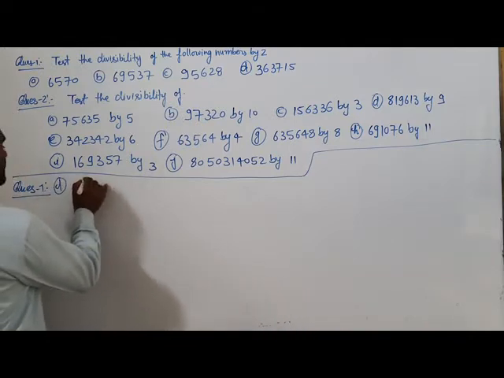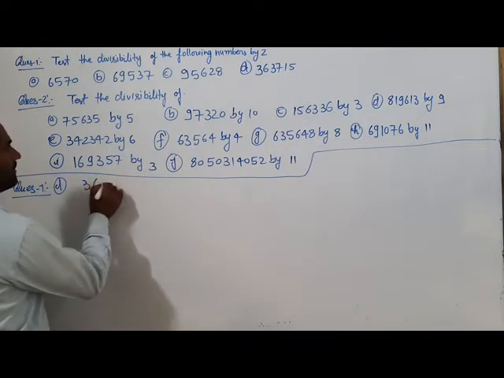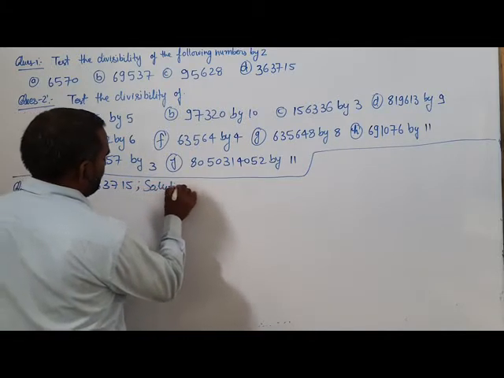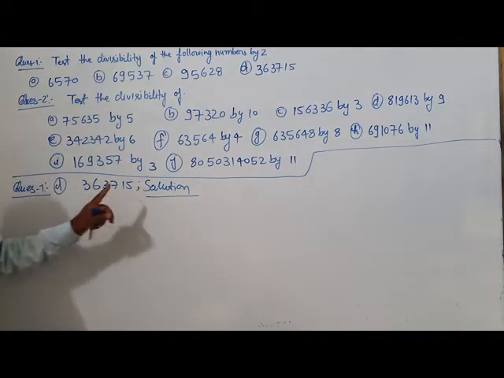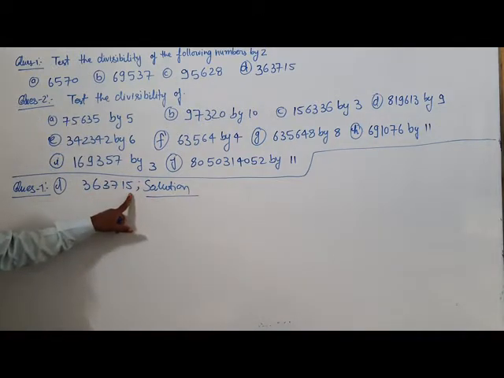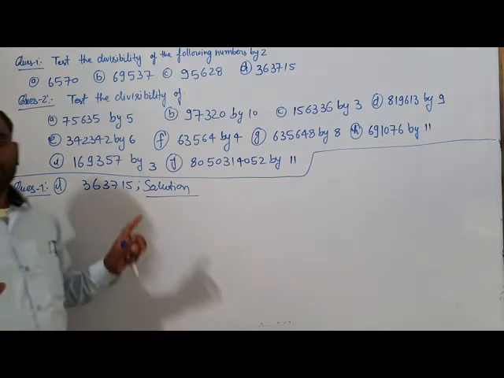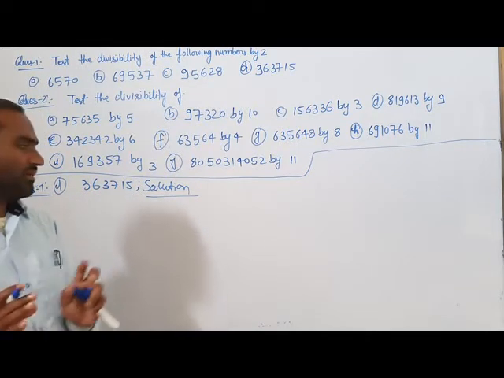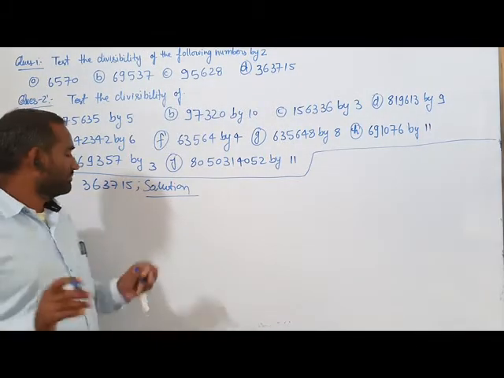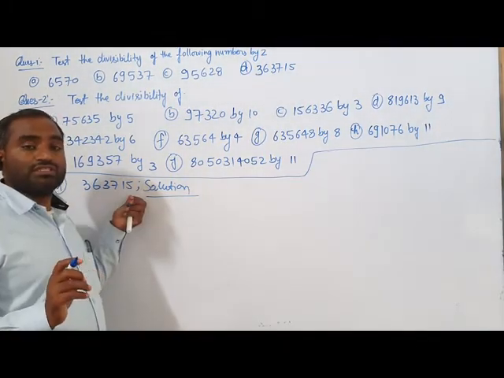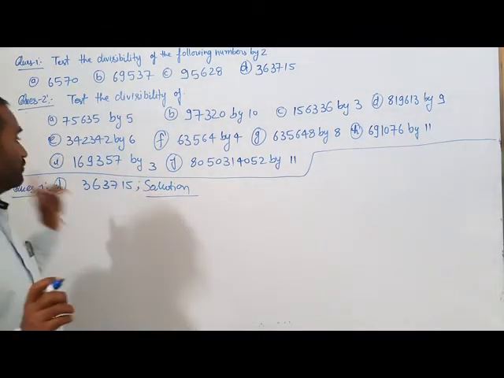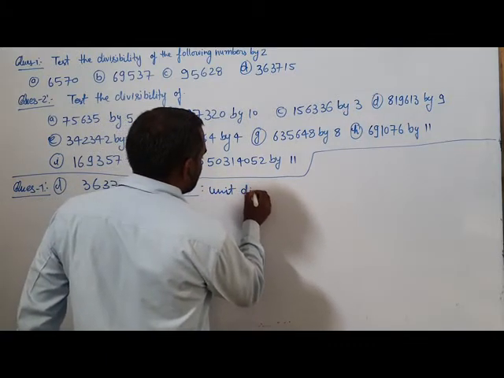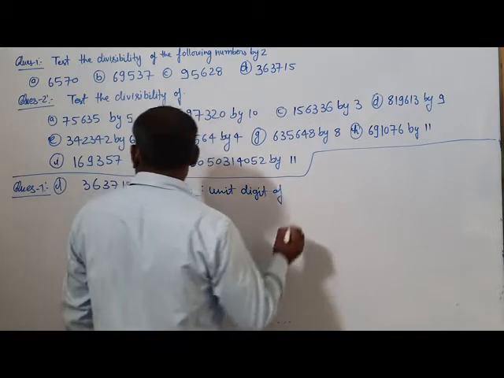Option D is 3,63,750. Solution. Here we see that the unit digit of this number is 0, and all of us know that if the unit place is 0, 2, 4, 6, 8, then the number will be divisible by 2.